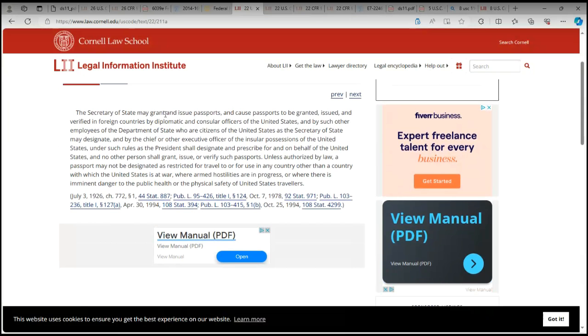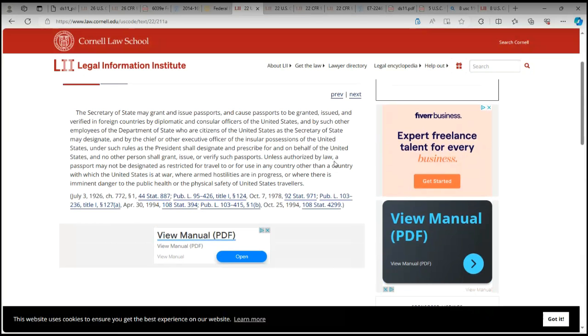The Secretary of State may grant and issue passports and cause passports to be granted, issued, and verified in foreign countries by diplomatic and consular officers of the United States and by such other employees of the Department of State who are citizens of the United States, such as the Post Office, as the Secretary of State may designate, and by the chief or other executive officer of the insular possessions of the United States under such rules as the President may designate and prescribe for and on behalf of the United States, and no other person shall grant, issue, or verify passports.